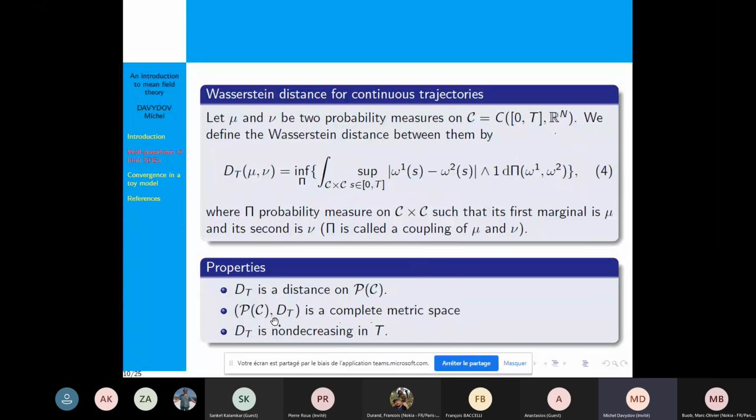That is, all Cauchy sequences on this space will converge under this distance. An interesting property, which is more anecdotal here than anything, is that this Wasserstein distance is non-decreasing in T. So all you have to see is that it's the distance between two probability measures on the space of continuous functions from a bounded interval 0 to T into R^n. Okay.